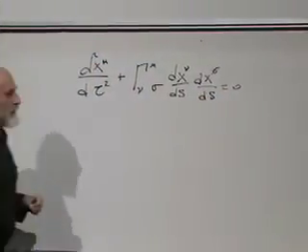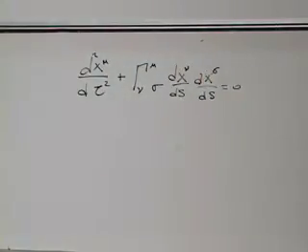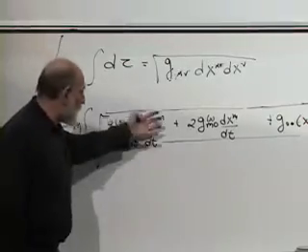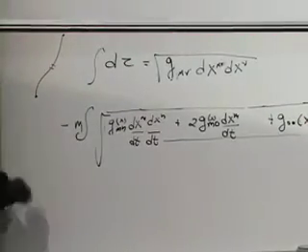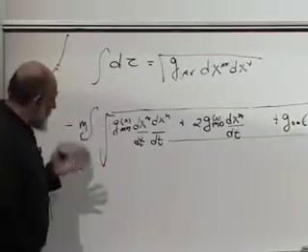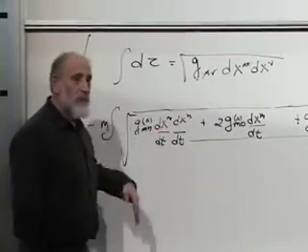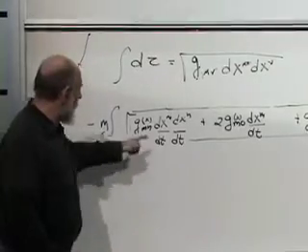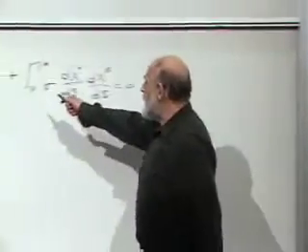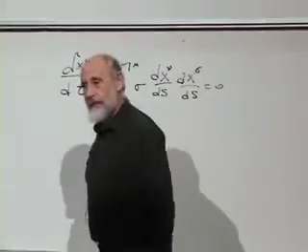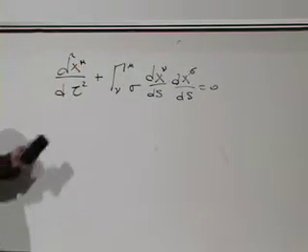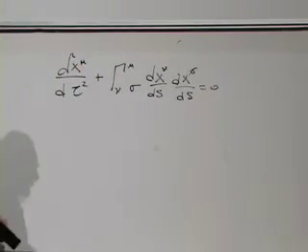Now, the nuisance part of it is that this is going to give you an equation where the independent variable is going to be time. You're going to work this out, and you're going to write equations for x as a function of time. So the equations are going to be second-order equations, good old Euler-Lagrange equations, and they're going to involve things like dx by dt, whereas this is in terms of dx by d tau. So what you'll have to do is convert everything to t notation instead of tau notation.